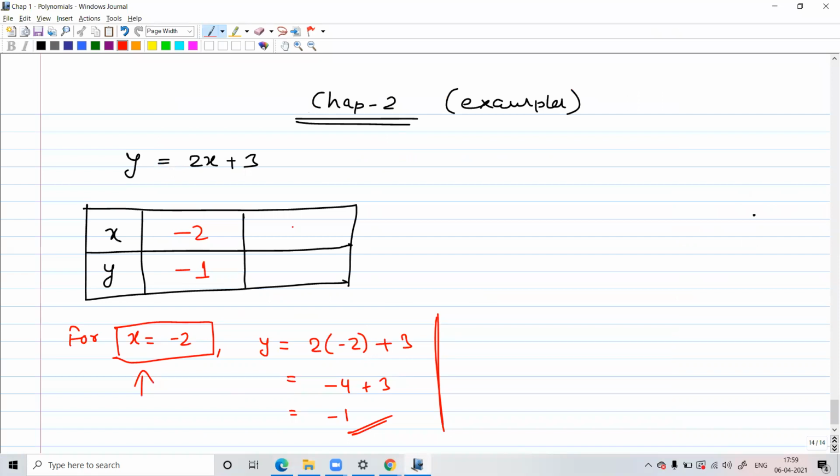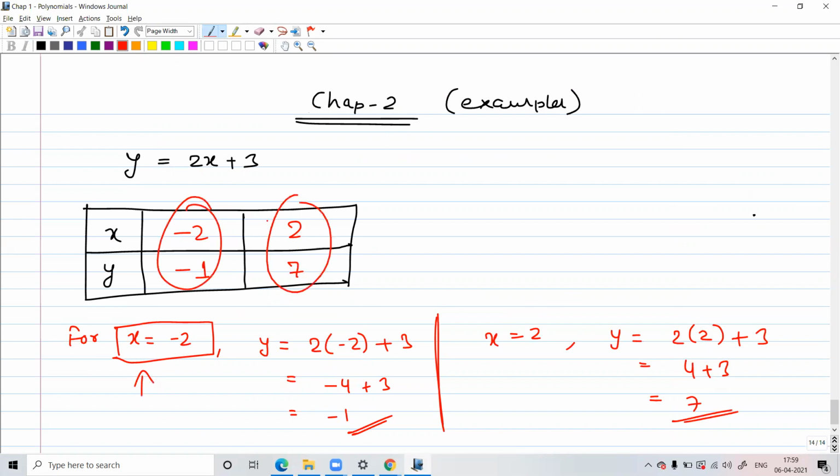And what you can do, you can take some other value of x. Let's say if I put x equal to 2, value of y for that? Yes, of course. So when you put x equal to 2, y becomes 7.